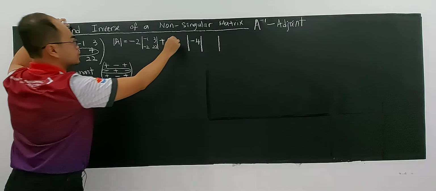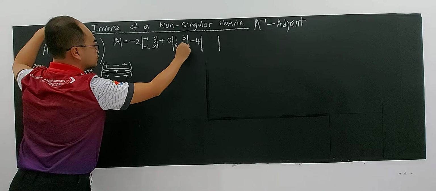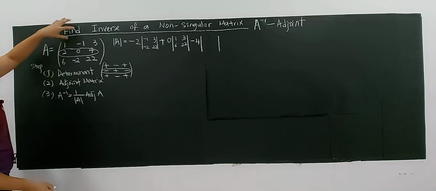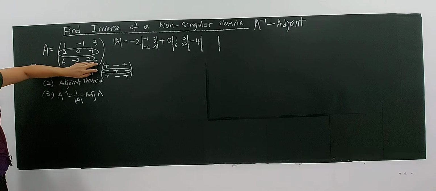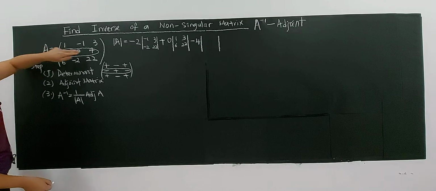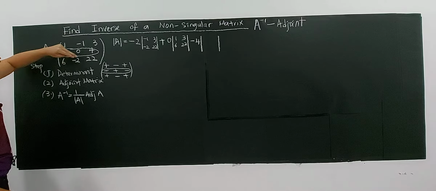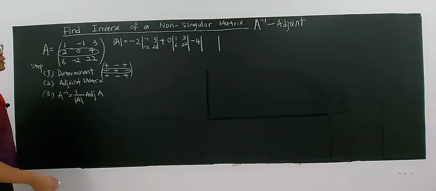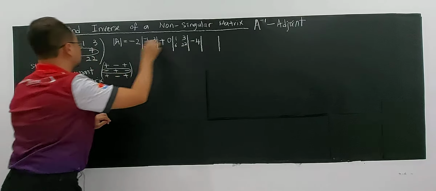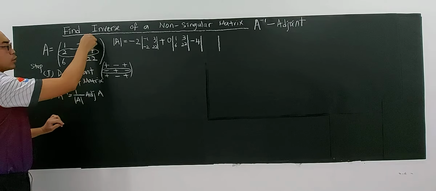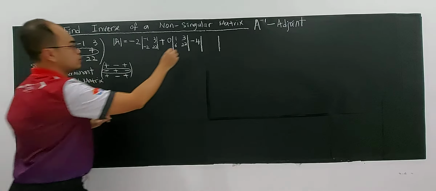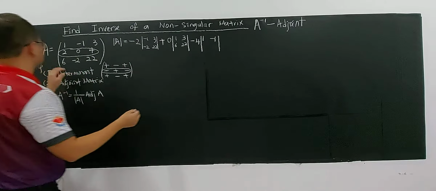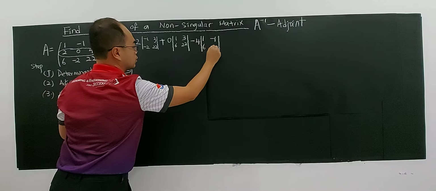You have 1, 3, 6, 22, right? The minor for 4, delete the row and the column. 1, negative 1, 1, negative 1, 6, negative 2.